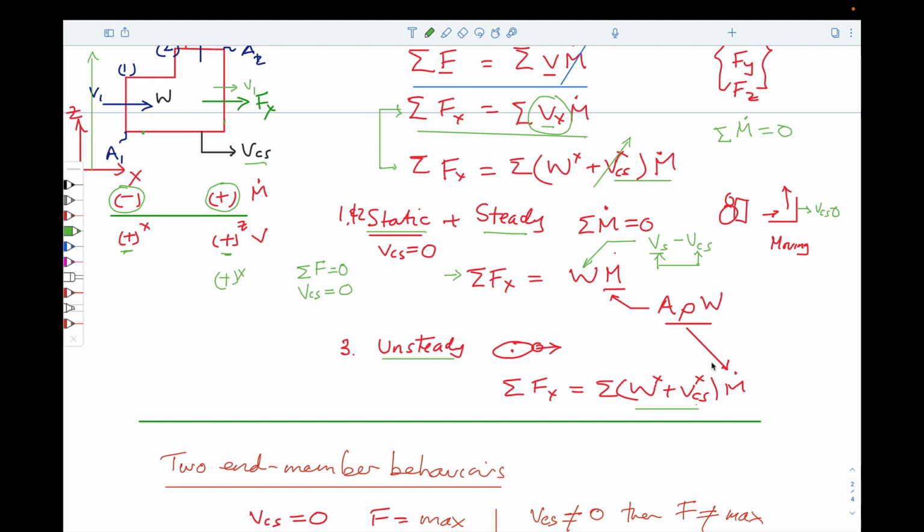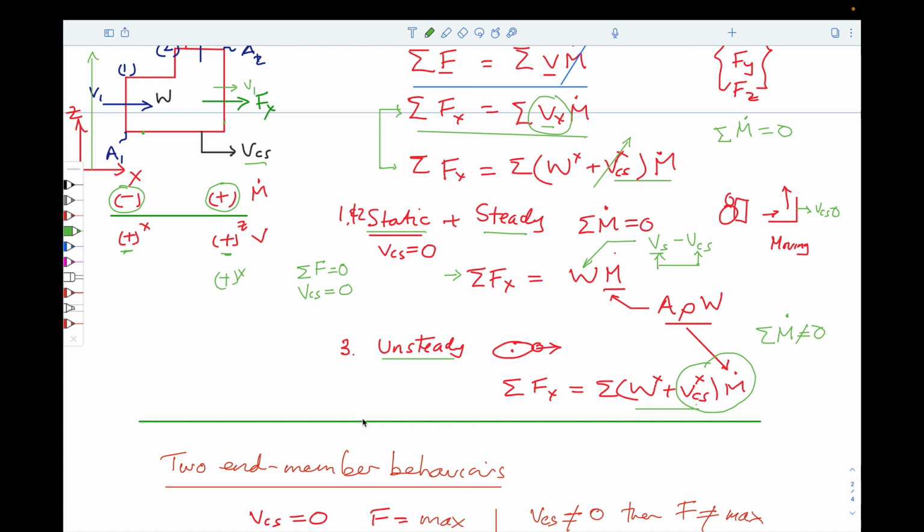And I guess the rationale is that the velocity of the control surface is constant, but now the sum of the mass flow rates are not equal to 0 because it's not a steady problem anymore. So if you think about it, more mass is coming out than is remaining. So the mass in here must be depleting as a function of time. And so this is not true, and so we can't throw away this term. So we use this form of the equation to solve for this problem.